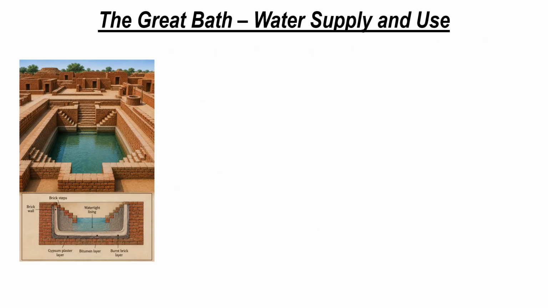Now, where did the water supply come from? So there is a well in an adjacent room. So just beside the Great Bath, there is a well.